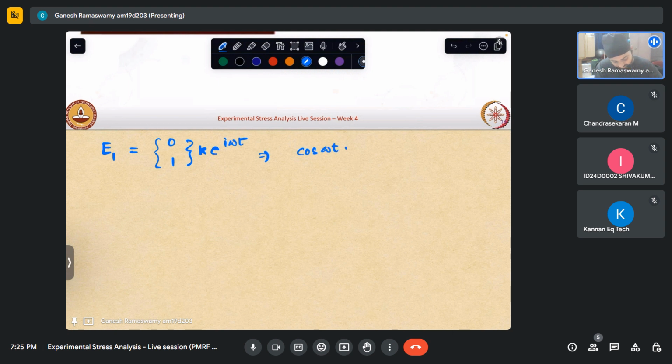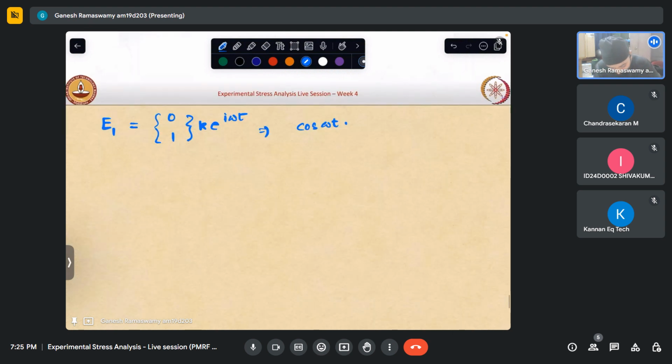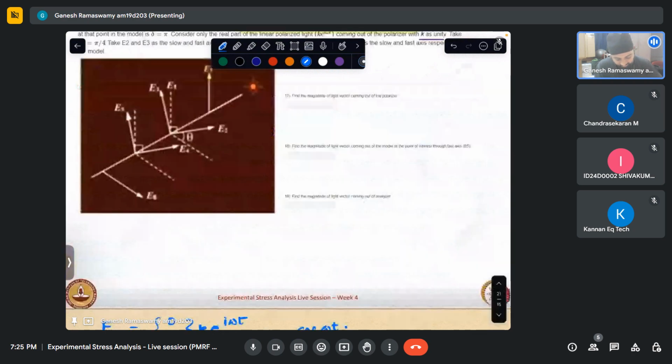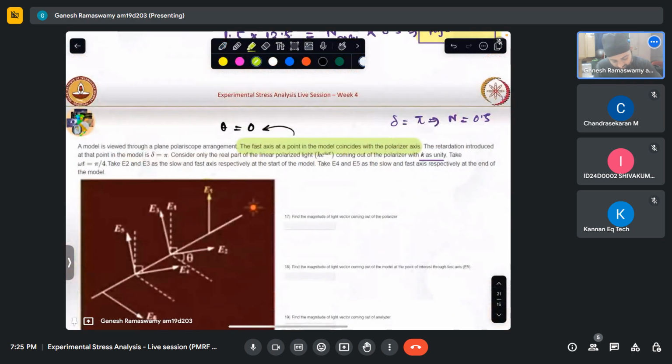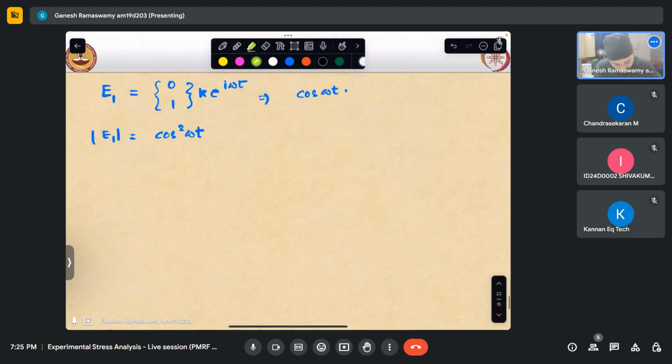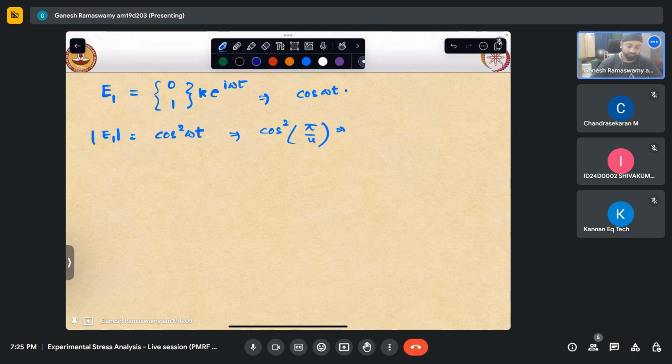And since magnitude is asked, it will be cos square omega t. In the question, omega t is given to be pi by 4. So this is nothing but cos square pi by 4. Cos pi by 4 square.